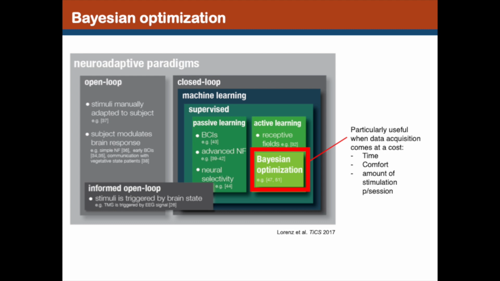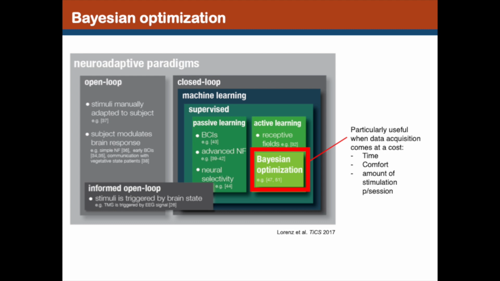By neuroadaptive, I just mean that your paradigm, in this case the stimulation that you're inputting, is changing depending on the way the brain responds to that stimulation. People have applied this in many ways, like open loop, where I can, for example, measure your brain activity and find a particular frequency that works for you. If you close your eyes, your alpha frequency has a particular signature, so I can use that to stimulate.